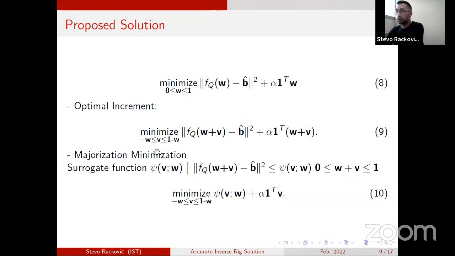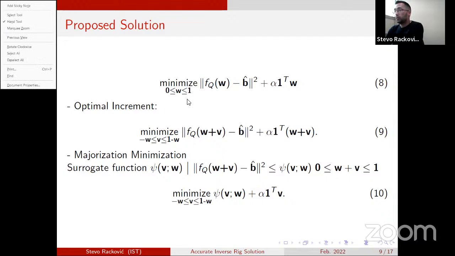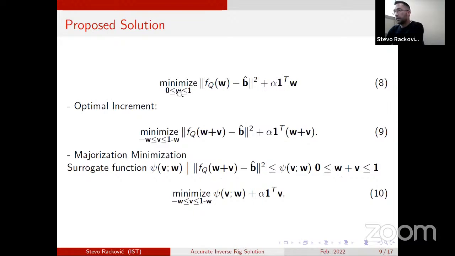So for this reason, we include these quadratic terms. We ask for higher accuracy. And also we have this strict constraint on the weight vector w. The values cannot go outside of the 0-1 interval. And this is also one thing that the other authors didn't include in their models, because they allow for exaggerated, cartoonish expressions.